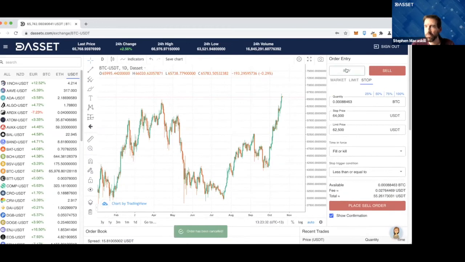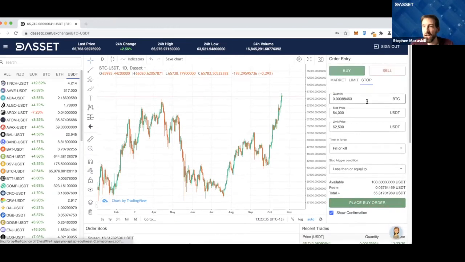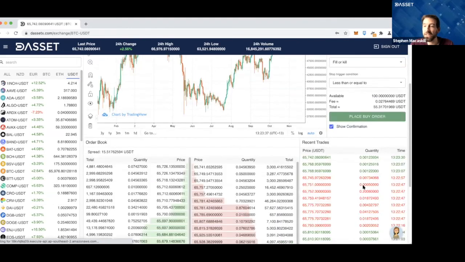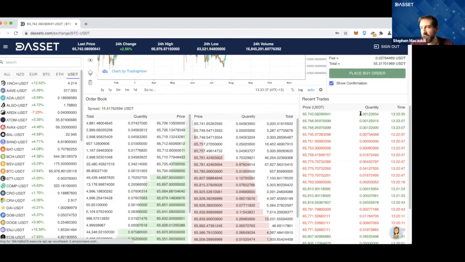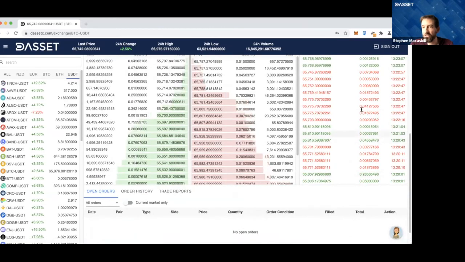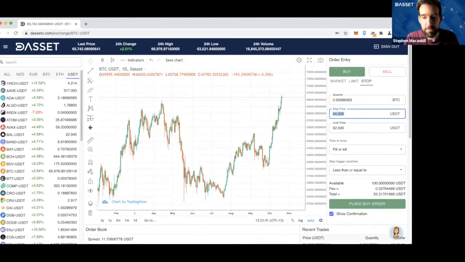But maybe I want to buy, and I don't want to tie up my liquidity. So if the price starts tanking, if the Bitcoin price drops to 60,000, then it's dropping really fast. And maybe what I'll do is put in a buy order at 58,000.